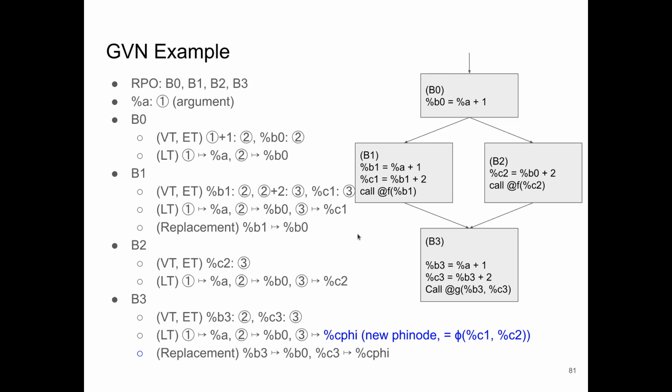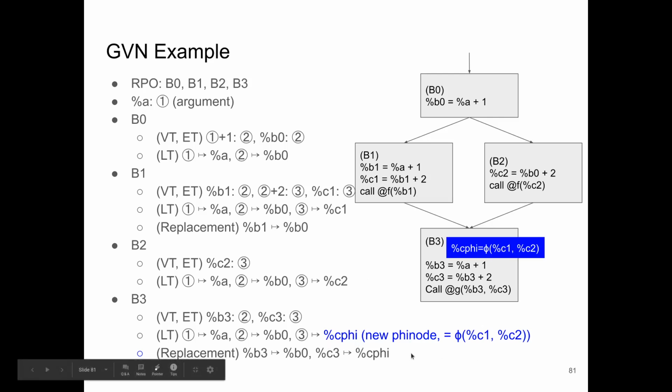Using this analysis, we can do this. First, we need to insert a new phi node, which is used in this equation, and this C5 is actually used to replace C3, so we need to physically insert this C5 into the program. And that is the phi node of the leader values at the predecessors at the end of the block.